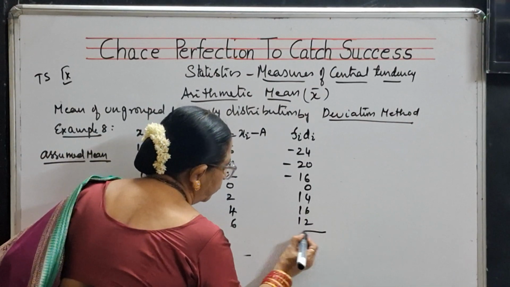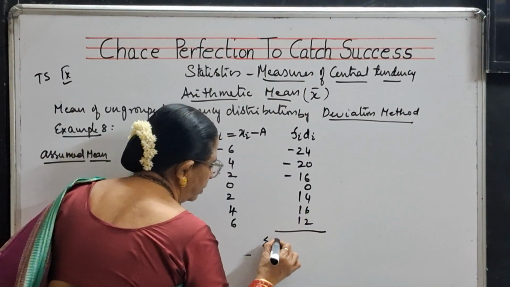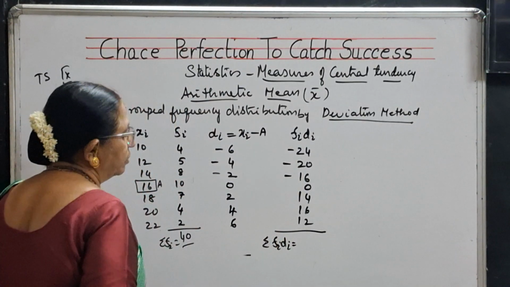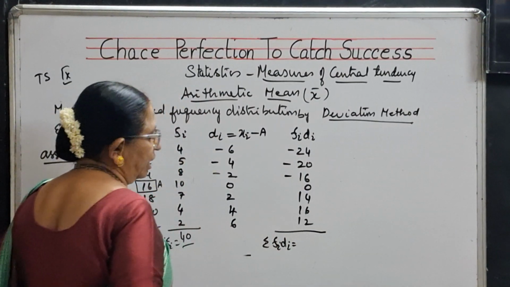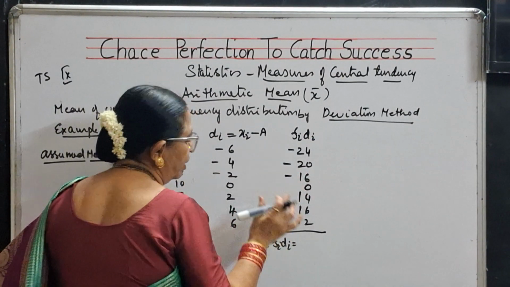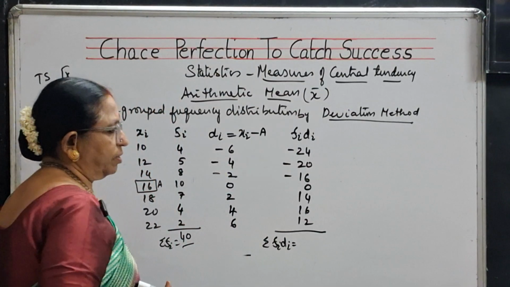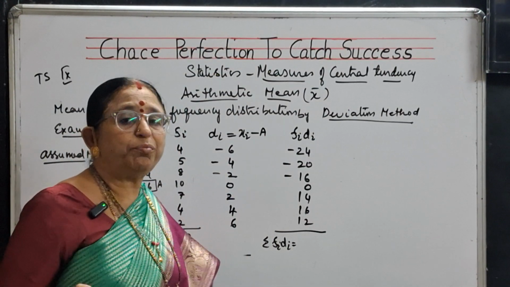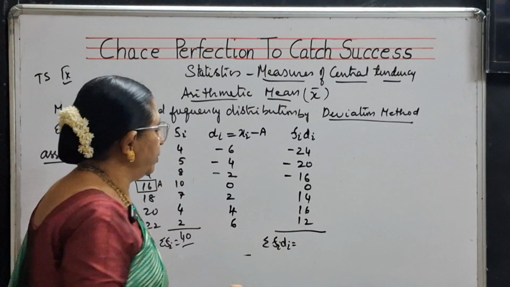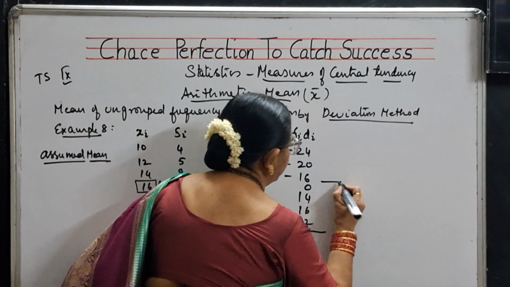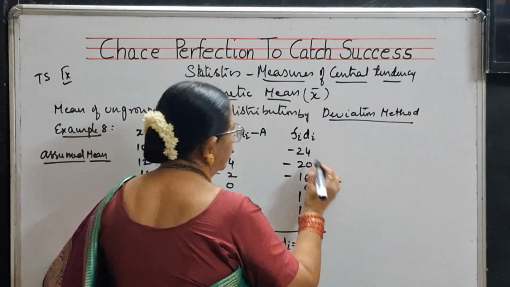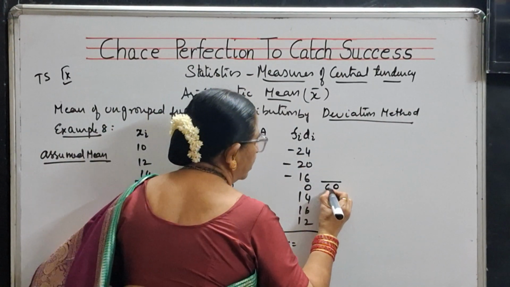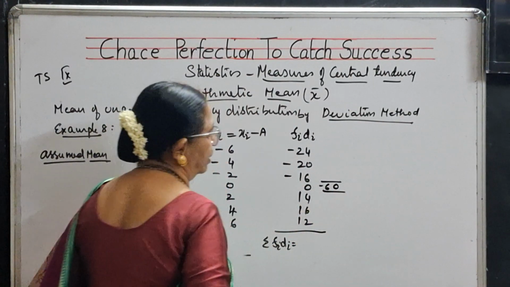Now you need to find the value of sigma fi di. Children, while adding, you have certain negative values and certain positive values. When you have got it like this, your addition will be simplified. How? First you add all the negative values and write the sum here. 6, 4, 10, 2... you get minus 60 here.